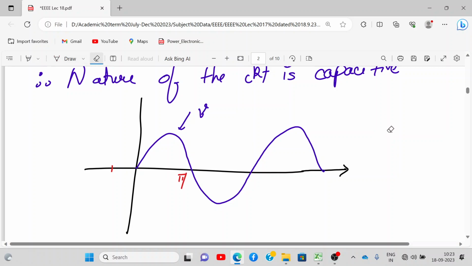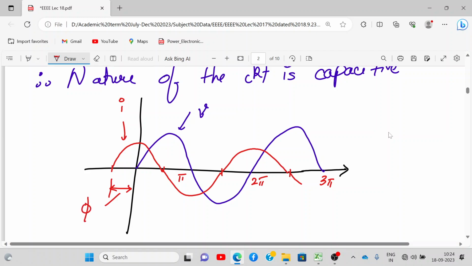This is pi, this is 2 pi, 3 pi, and this will be before. Okay, this is my AC current. It starts a little before, okay? So this is I. And what is my phase difference? This is my phase difference. Phi is 90 degree. Got it? So here we can say clearly that current leads the voltage by 90 degree.